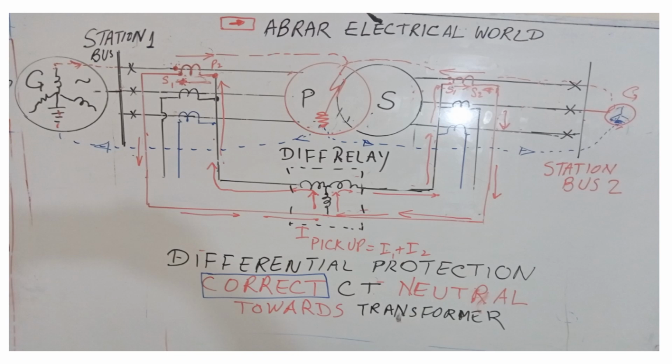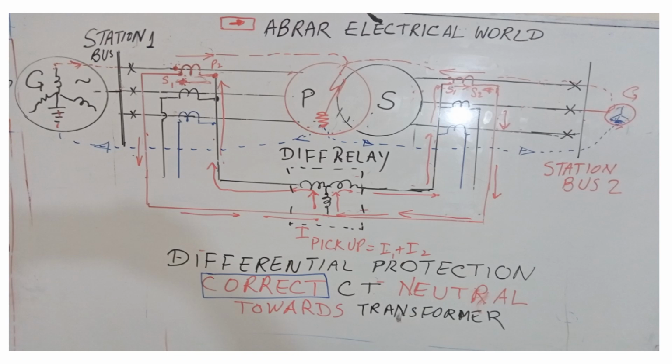Now what happens here? When the current direction is like this, here the current direction in the secondary CT will be from S2 to S1 because it is from here P1 to P2. So it will be S2 to S1, and then it will come here and then return through the relay coil and will go back into the CT secondary.